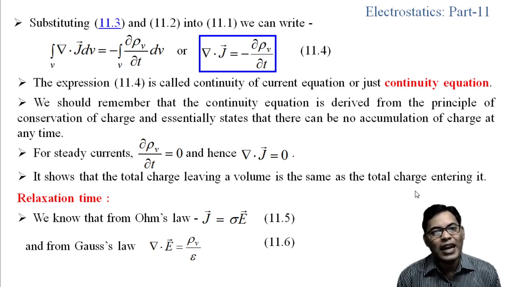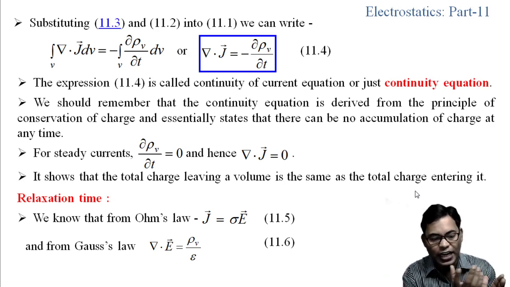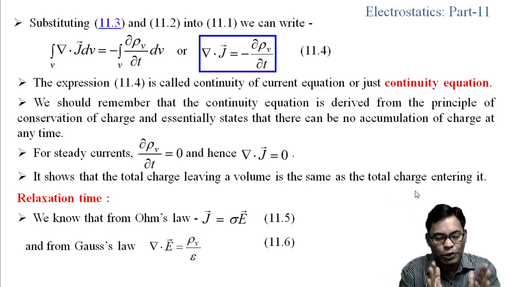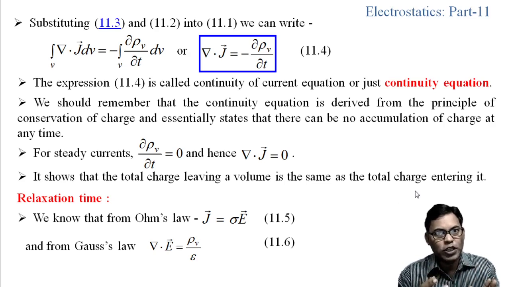We can understand this pictorially by imagining a pipe through which the current is flowing. Now imaginarily consider one volume. If we consider a volume dV of the pipe, the current entering the volume will be equal to the current coming out of the volume.